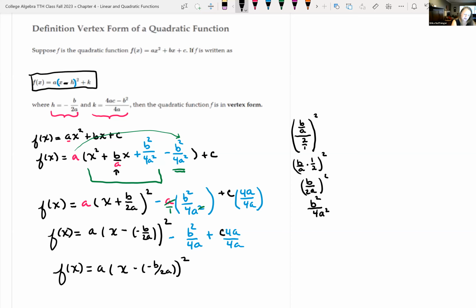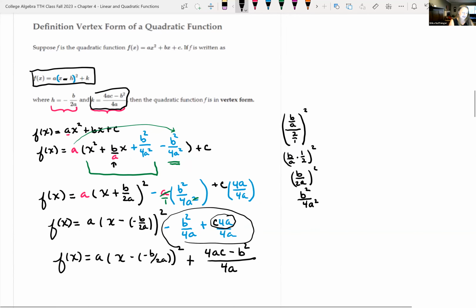These are common denominators, so I can rewrite it as one fraction. And just so that it's in the same order that we have up here, I'm going to rewrite it as plus 4AC, just rewriting the order of my multiplication there, minus B squared all over 4A.